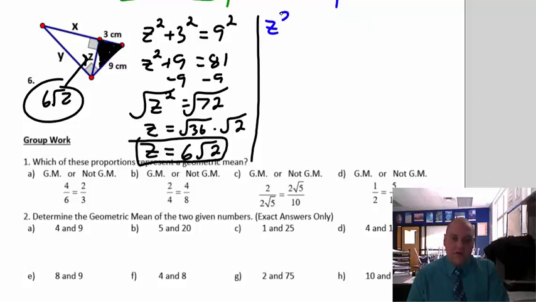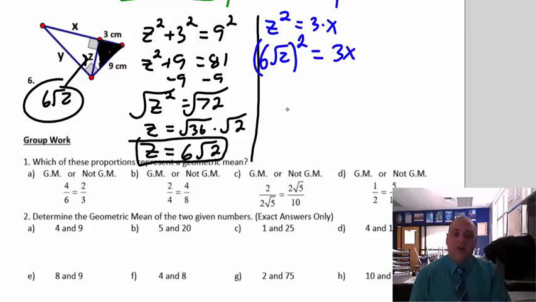So after you do the Pythagorean Theorem, you will then go and do the geometric mean. Got to know the relationships. Now, we can't have z and x, but we know z. Z is 6 radical 2. So it's 6 radical 2 squared equals 3x, and we just solve for x.